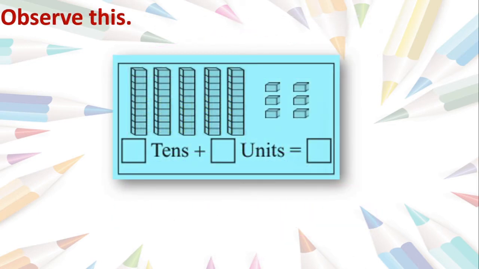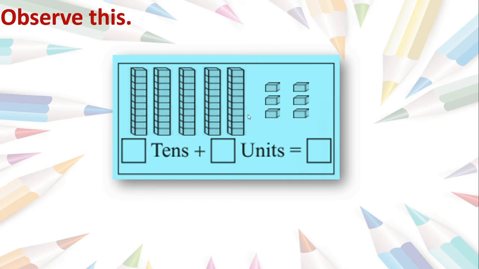Here one more picture we can see. Some single boxes are there. These are called as units, and some bundles you can see, right? Elongated boxes one above the other, that is 10 boxes are there in each bundle. Now count this: 1, 2, 3, 4 and 5.